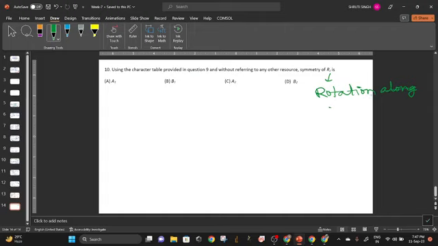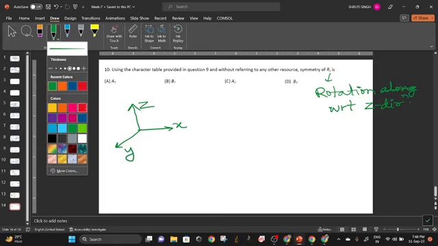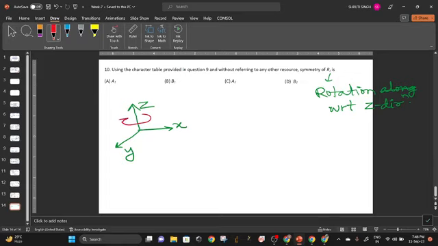Rotation, not along, but rotation with respect to the z direction. So how will we denote this? Suppose I denote this as a clockwise rotation, like this.